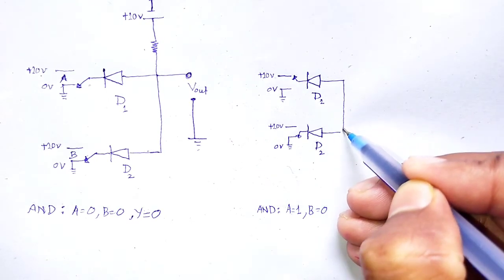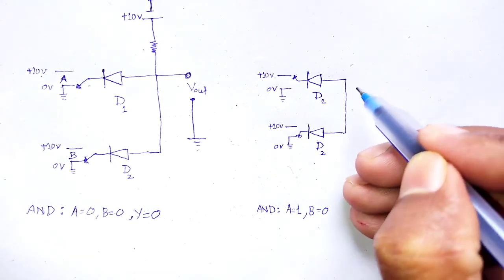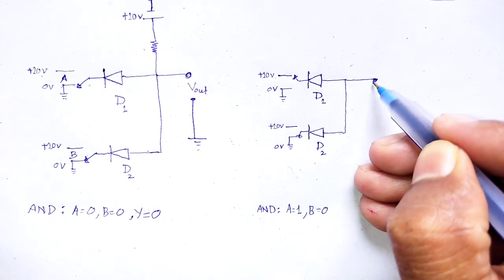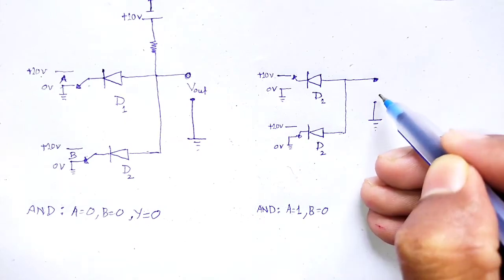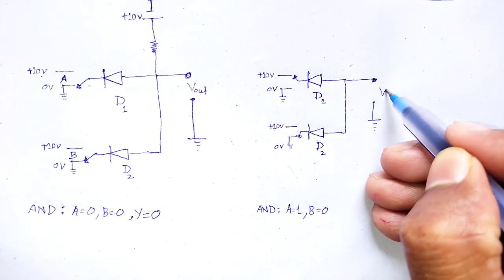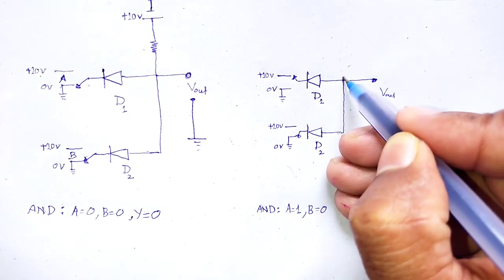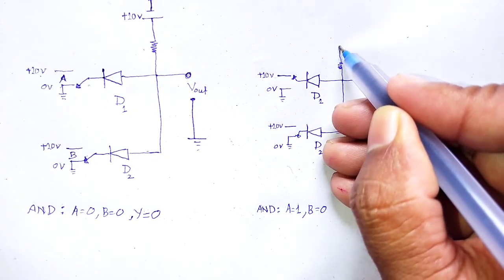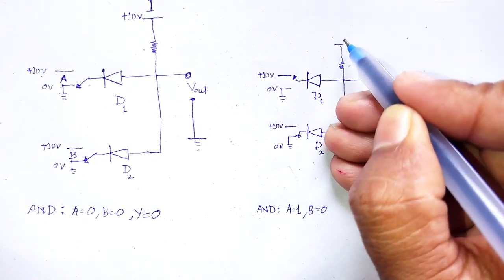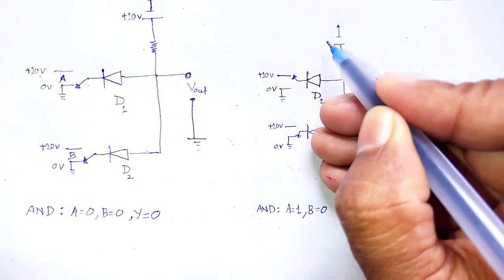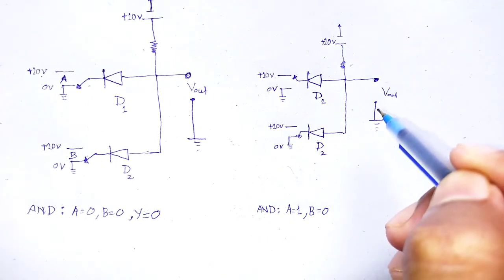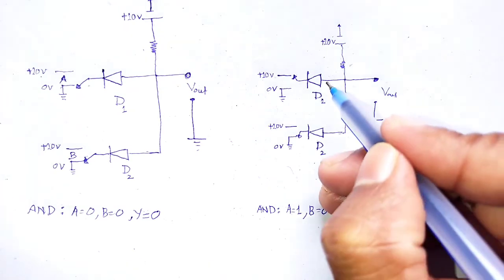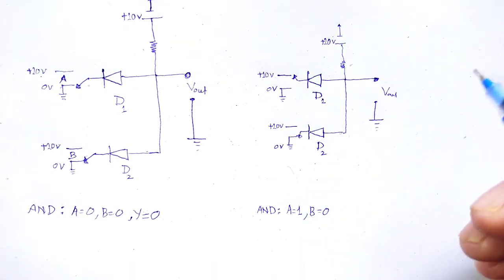Both these two are connected across V output, and resistor R is connected towards a potential of 10 volt, taking that into forward biased.